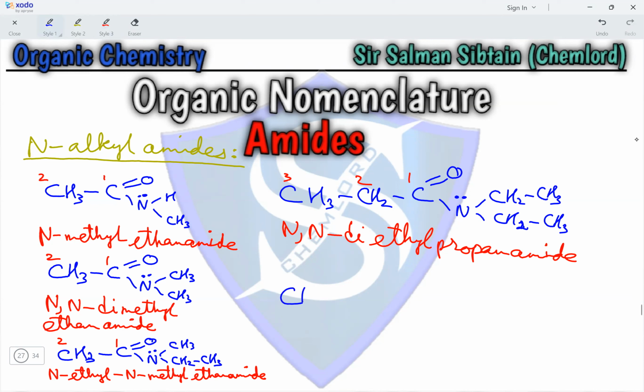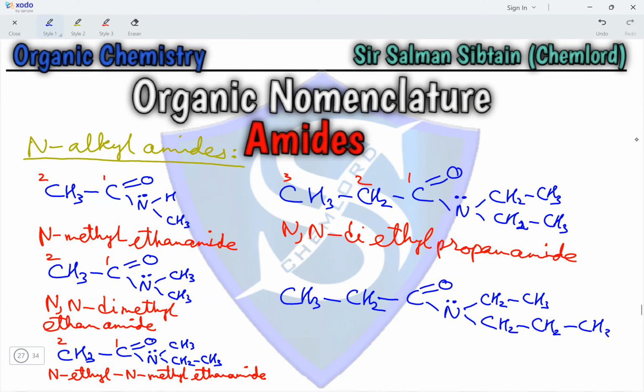Another example, CH3, CH2, C double bond O, single bond N. We have a CH2, CH3 group attached on the nitrogen atom, and we have a CH2, CH2, and a CH3 group attached on the nitrogen atom. So one of the groups is an ethyl group, the other is a propyl group.